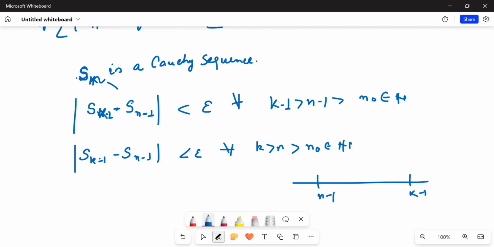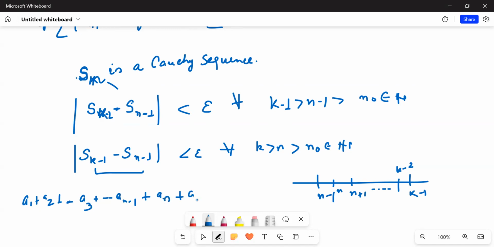So if here you get n, here you will get n plus 1, and so on, up to k minus 2, and so forth. So what will we get from here? From here it's clear that Sk minus 1 is A1 plus A2 plus A3 up to An minus 1 plus An plus An plus 1 up to Ak minus 1, minus Sn minus 1.